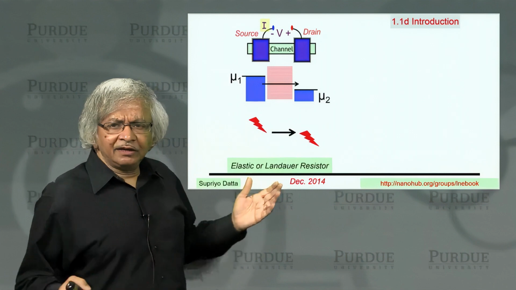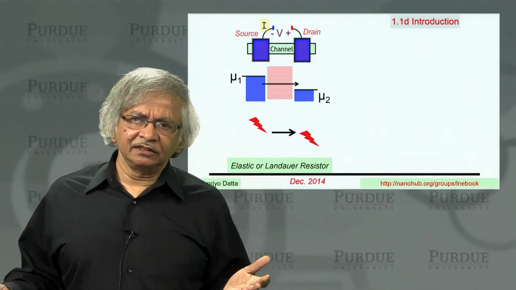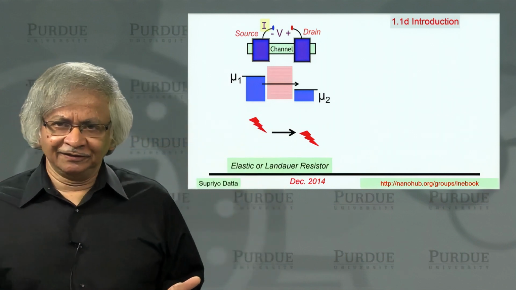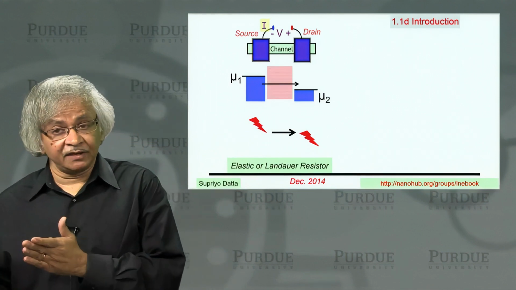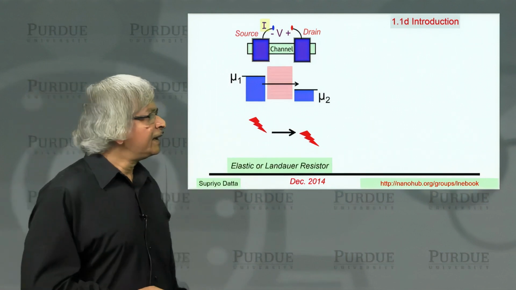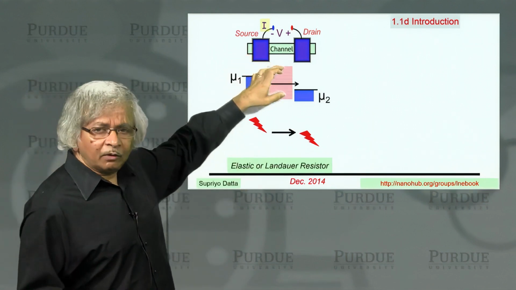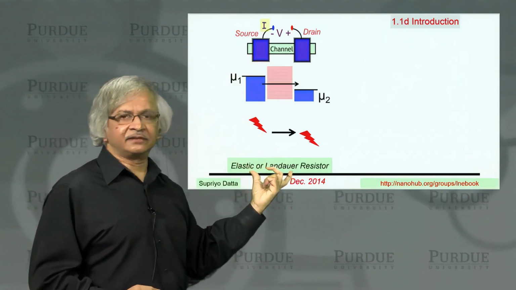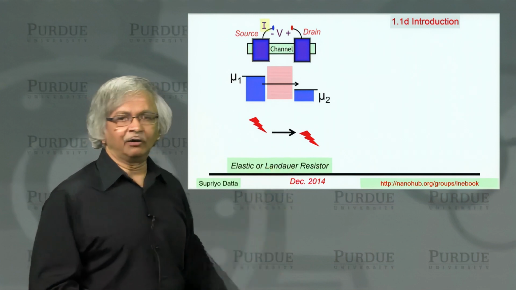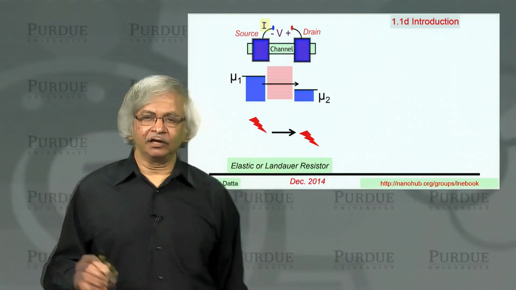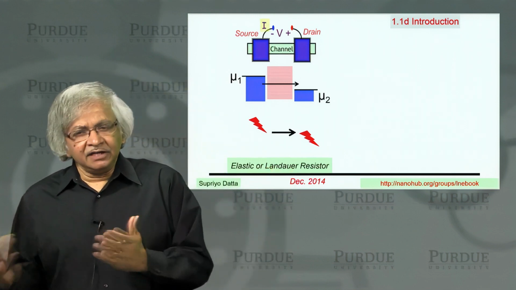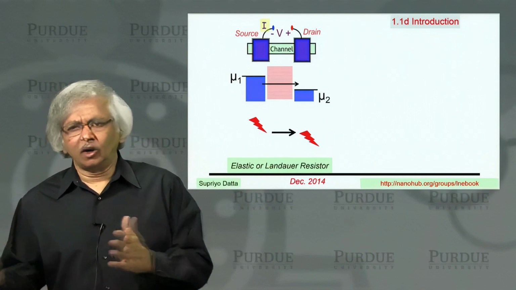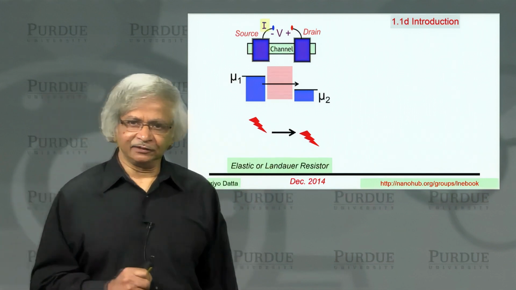So how did we get this very general result so easily? Because, as I said, usually it takes advanced formalisms to get there. And the way we get there is by using this concept of an elastic resistor, or you could call it a Landauer resistor, after Rolf Landauer, who pioneered this way of thinking long before it became experimentally relevant.